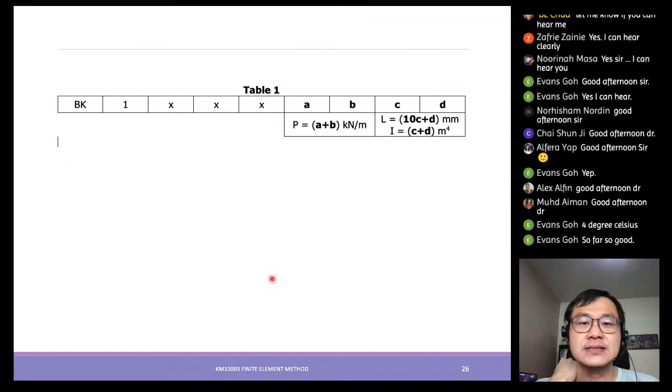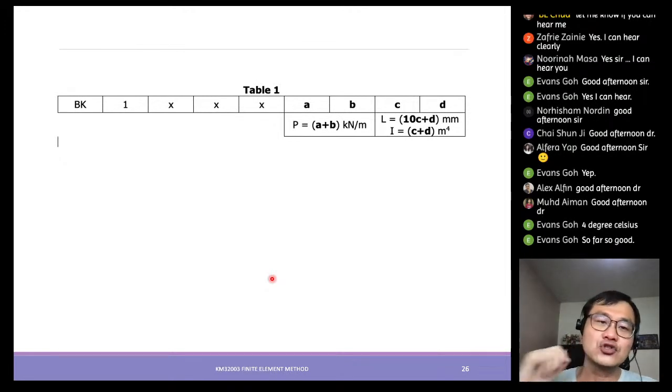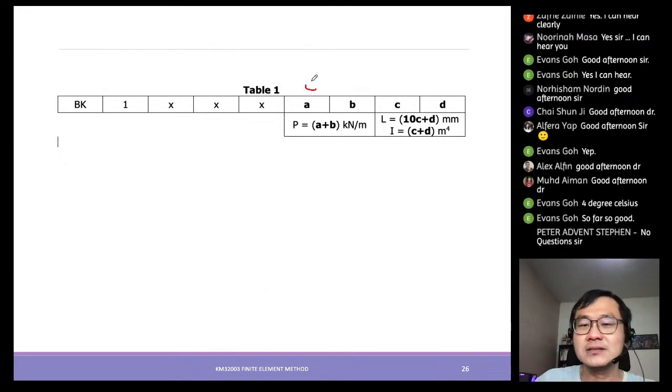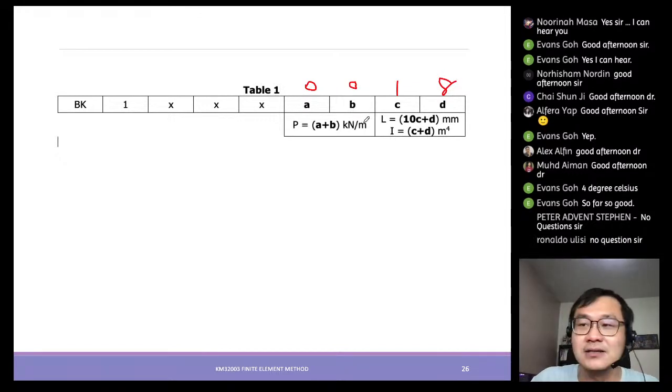In your final exam, because this is an online final exam, I would set the questions such that you need to calculate depending on your matrix number. So let's say your matrix number is 0018. Therefore you will get P equals 0 plus 0, which is 0.